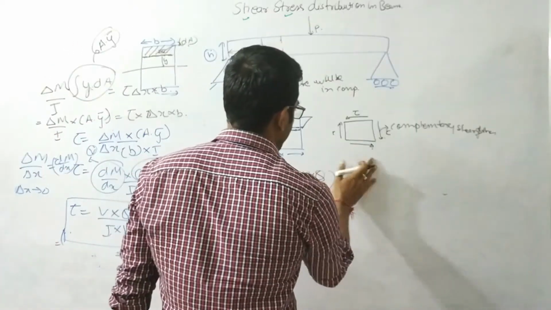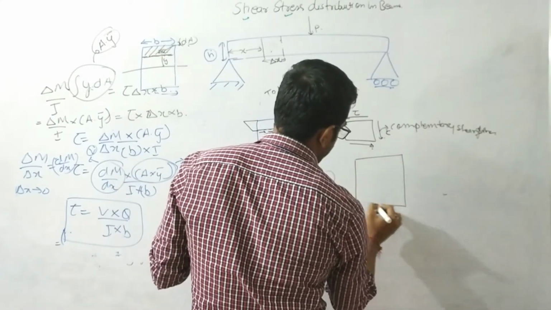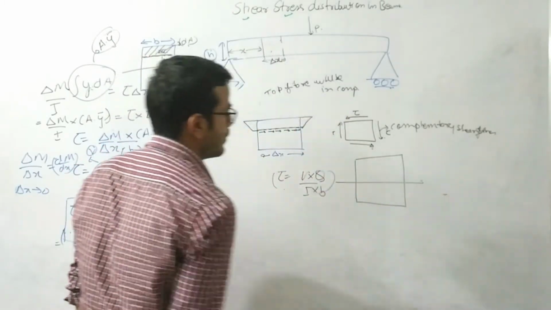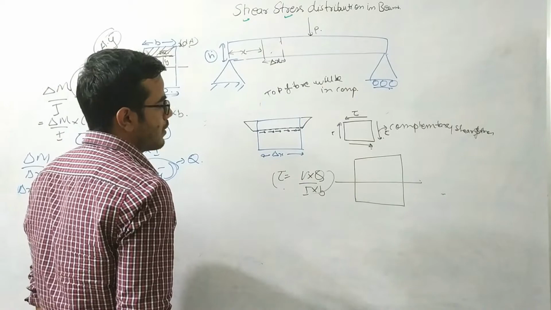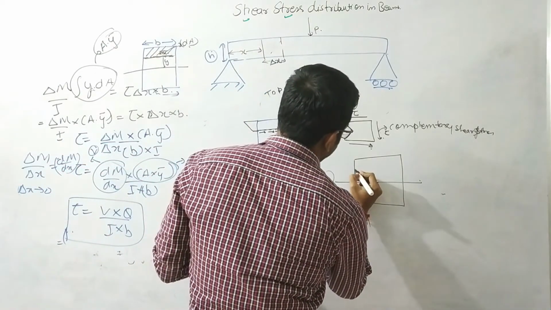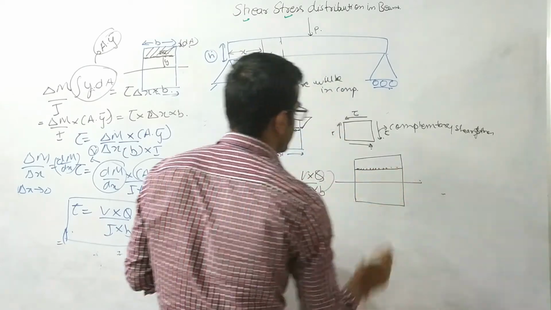If we look into this figure, suppose this is my cross section. This is my neutral axis, and I'm considering this plane. I'm checking the direction of the shear stresses.